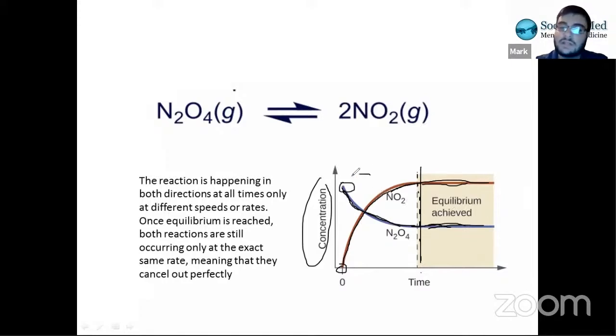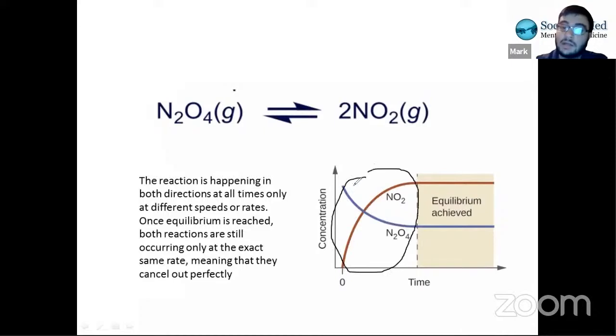And even in this non-equilibrium section, like I mentioned, it's very clear that N2O4 is being converted into NO2. We can see that by this trend. But at the same time, at all of these points, NO2 is being converted into N2O4 in the reverse direction. It's just happening much slower.